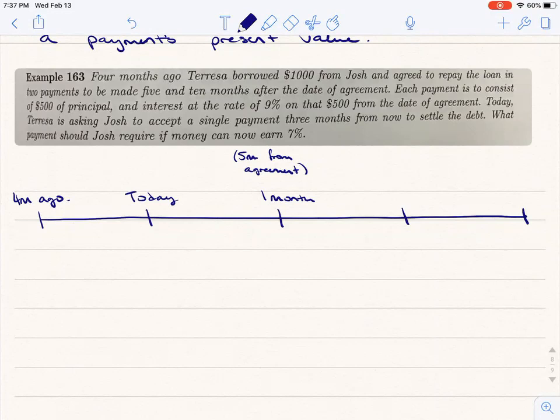Here we have to start figuring out which is going to come first. 10 months from 4 months ago, that's 6 months from today, or she wants to make a single payment 3 months from now. So we've actually got the 3 months from now and then the 6 months from today.